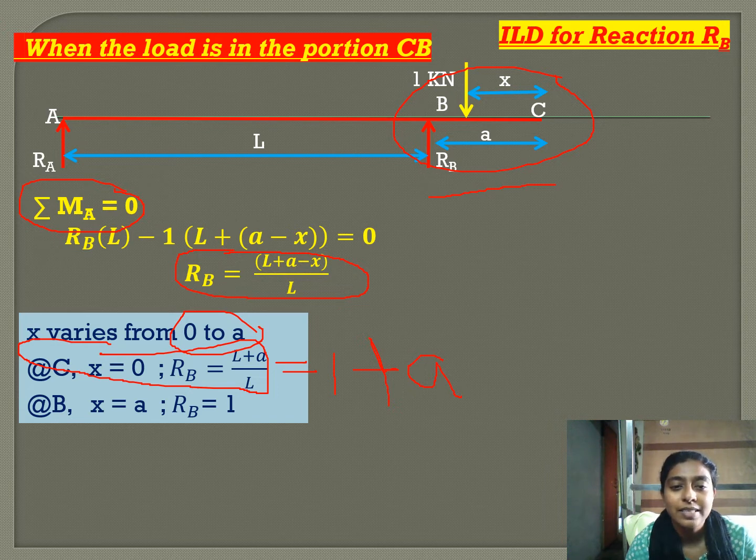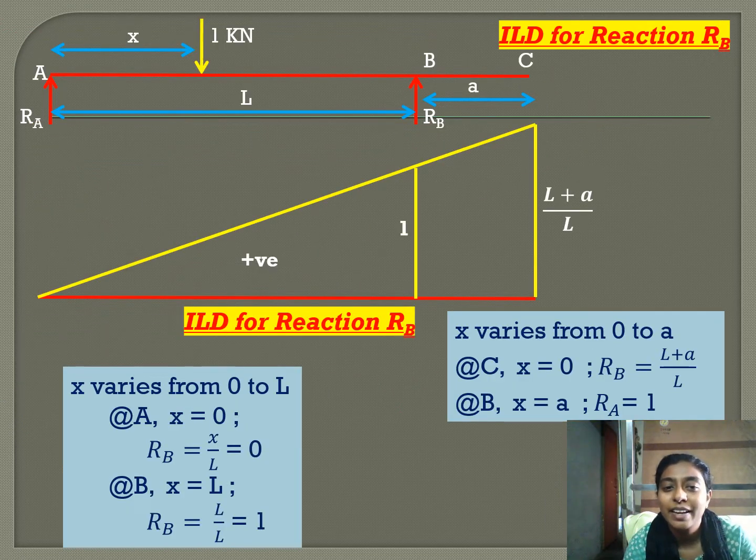Now, at B, X is equal to A and RB is equal to 1. So, our influence line diagram for RB, at A it is 0, at B it is 1.